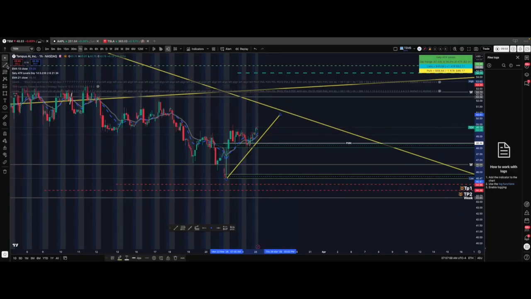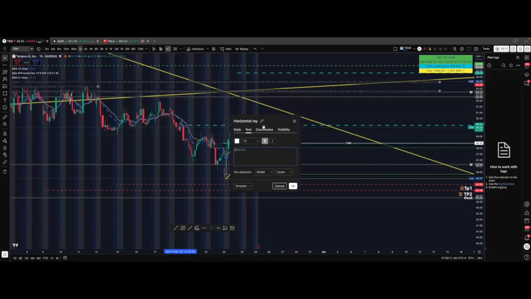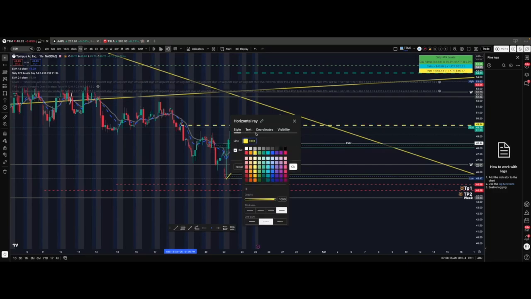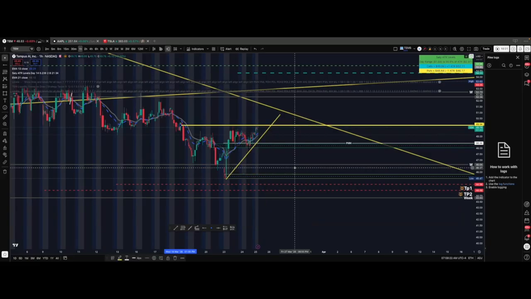It looks like price is consolidating a little bit. And I'll put a horizontal ray right there so you can see it. And I'll change that to yellow so it's not as confusing, and I'll make it a straight line so you can see it.